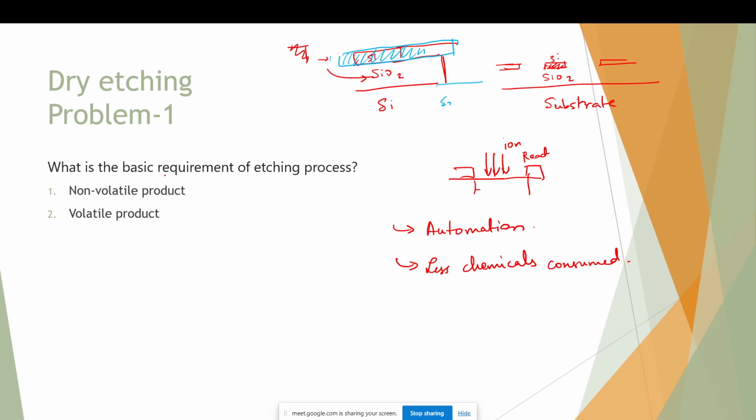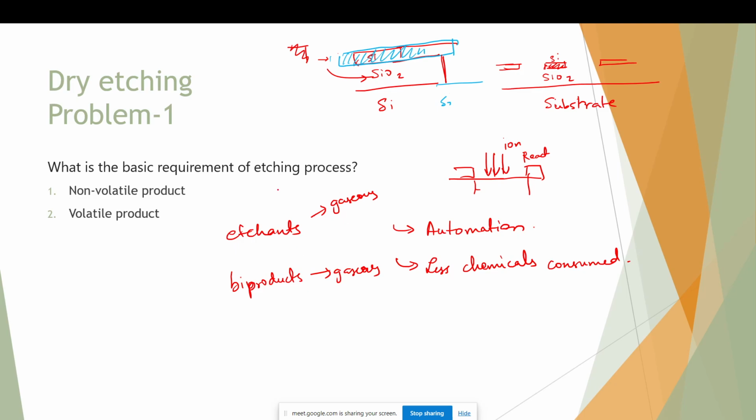So what is the basic requirement for an etching process? For the case of dry etching, we need volatile products. Dry etching is basically, we have the etchants in the gaseous phase, and the byproducts are also in the gaseous state.